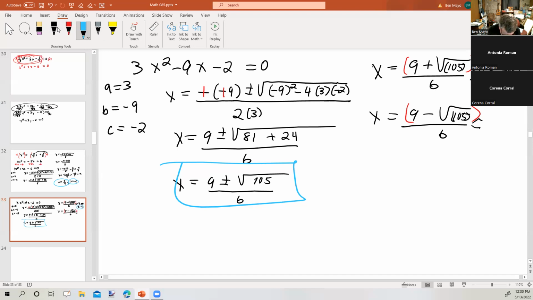That's our first answer. And then the minus, we get negative 0.207. The 7 would round up, so we'd get negative 0.21 as our second solution.